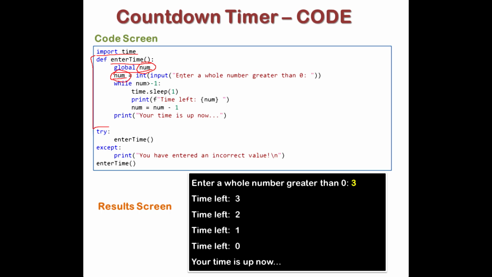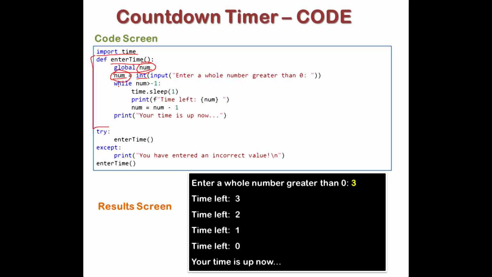When you're asked to enter a whole number greater than 0, that number is converted into an integer. The program is expecting you to enter an integer, a whole number greater than 0. After that, the integer is going to be stored in num, this variable.